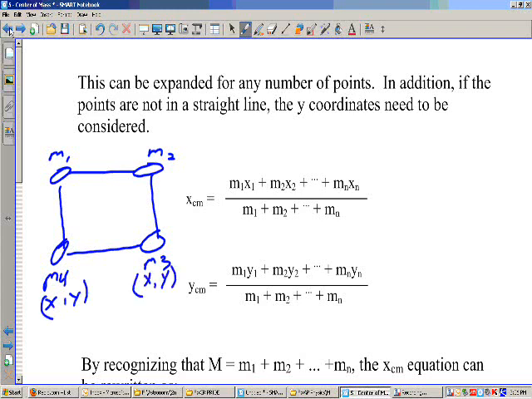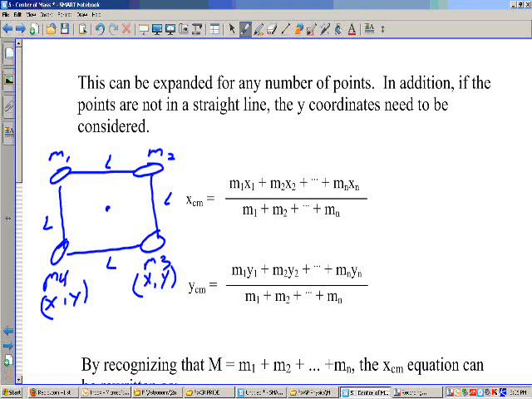And then we can figure out where the center of mass is. If all these were the same masses and all these were the same distance apart, we can do a calculation and the center of mass is going to be, hopefully not too surprising, right in the middle of those four particles.